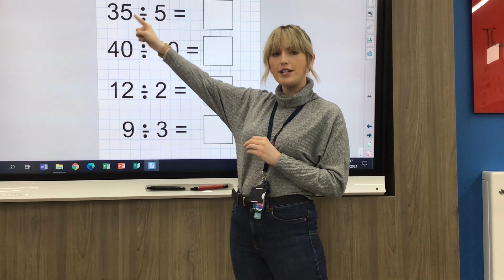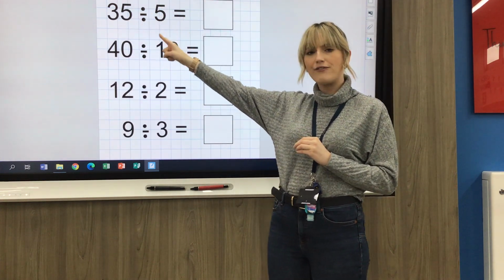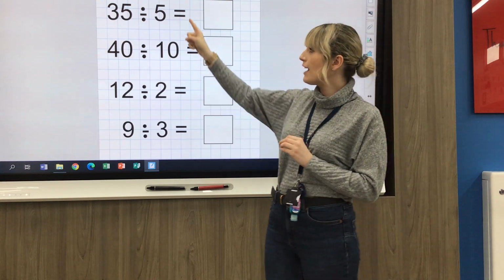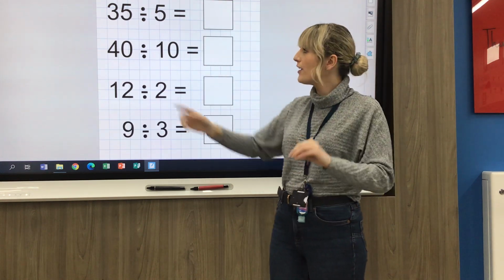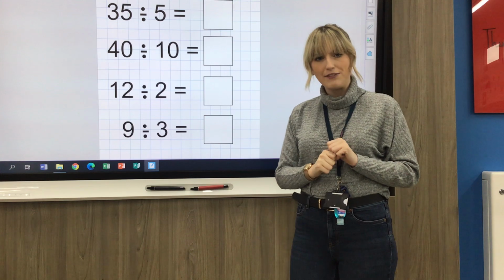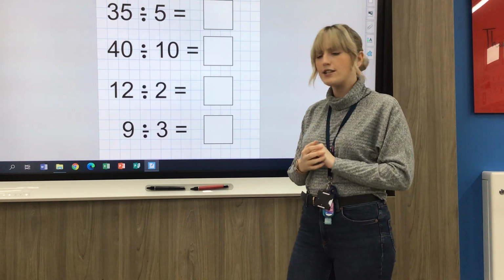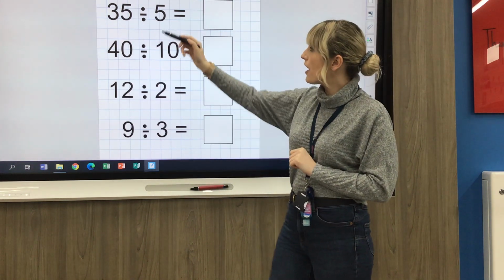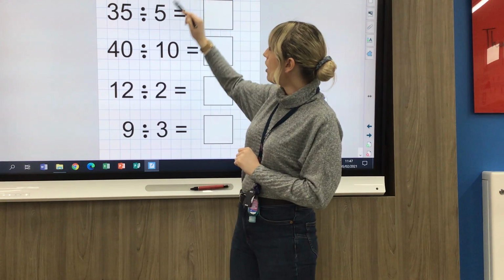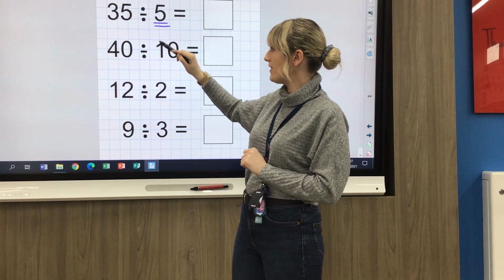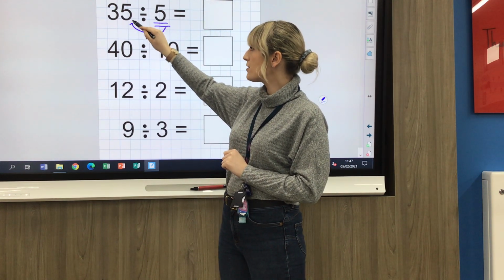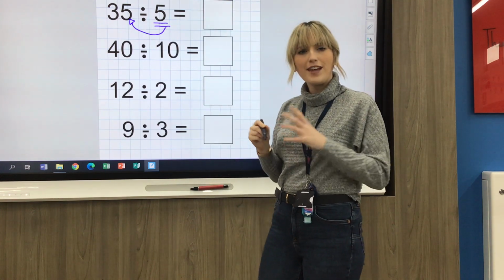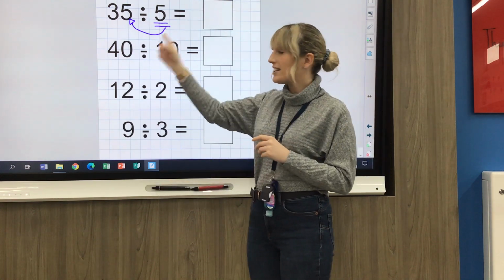So if we've got 35 divided by 5, we are seeing how many groups of 5 make 35. So how many 5s fit into 35? We are counting in 5s until we get to 35 to figure out how many 5s fit in.